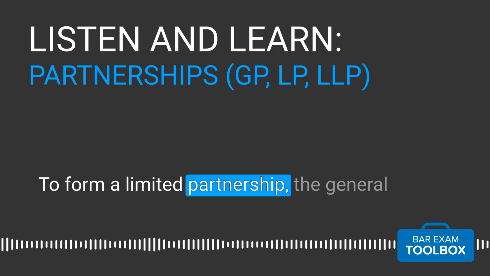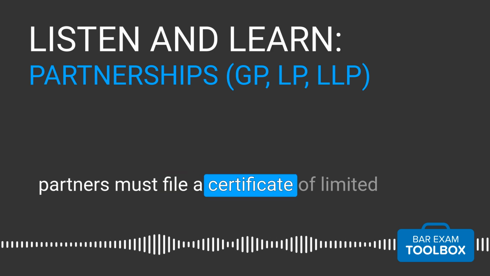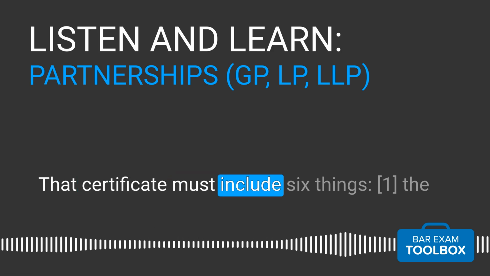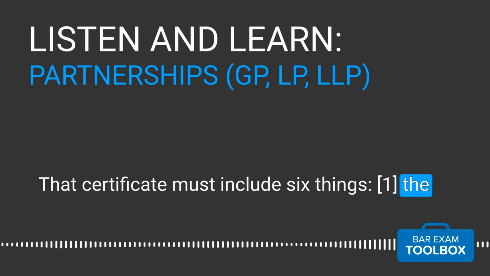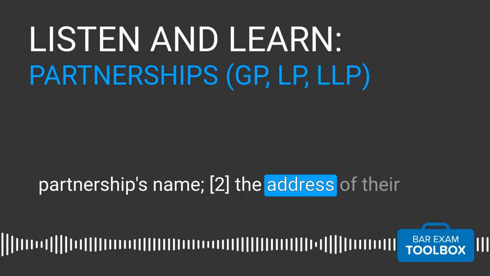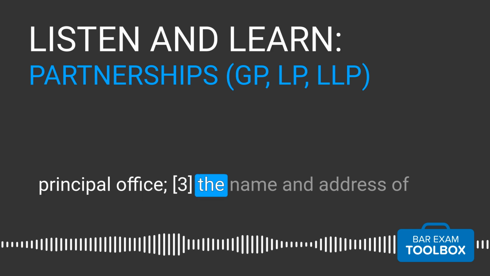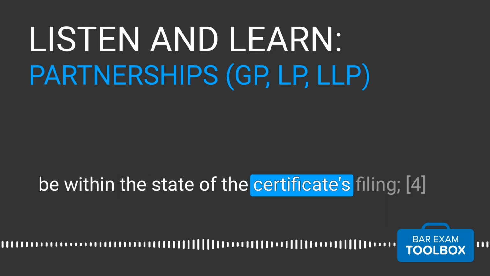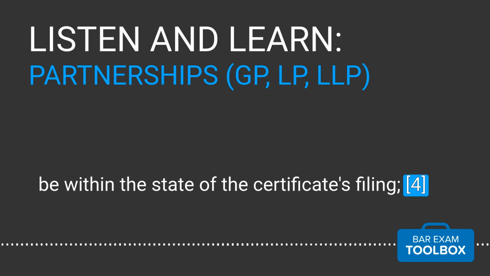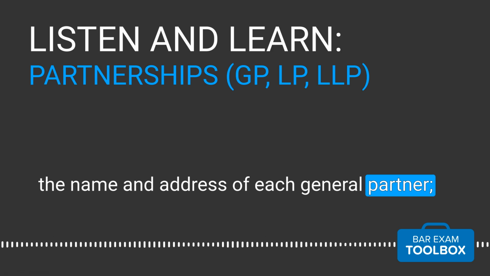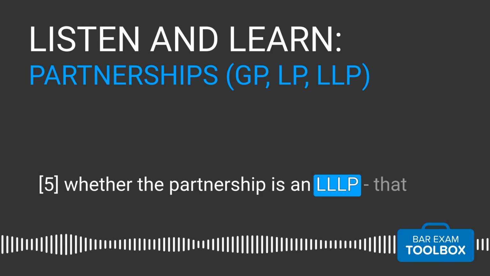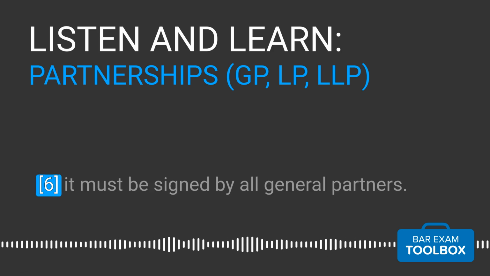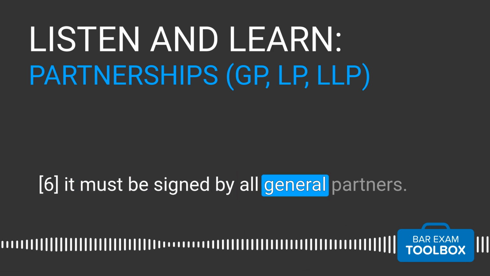To form a limited partnership, the general partners must file a certificate of limited partnership with the Secretary of State. That certificate must include 6 things: 1, the partnership's name; 2, the address of their principal office; 3, the name and address of the partnership's registered agent, which must be within the state of the certificate's filing; 4, the name and address of each general partner; 5, whether the partnership is an LLLP, that is, a limited liability limited partnership; and 6, it must be signed by all general partners.